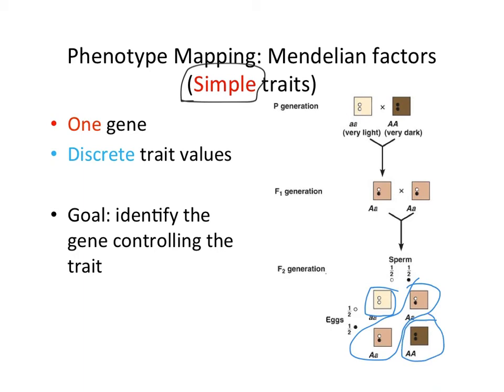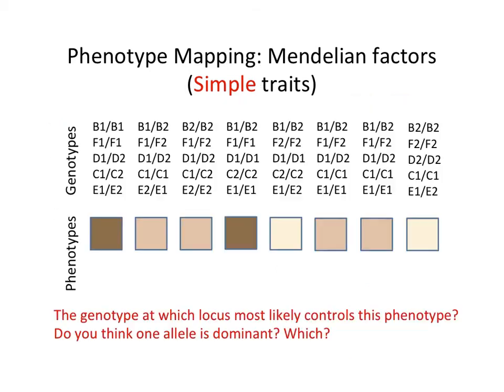If you've got 2 of the black circles, 2 capital A's in this case, you get the darkest skin color, hair color, whatever you want to talk about. So our goal is identifying the gene. This is a case where we know the answer. This is what you expect when that gene controls that trait. This is what you would experience if you were actually doing this sort of study in an organism.